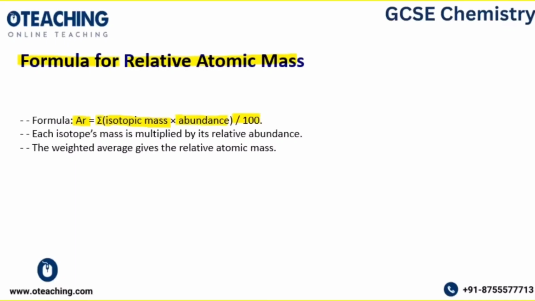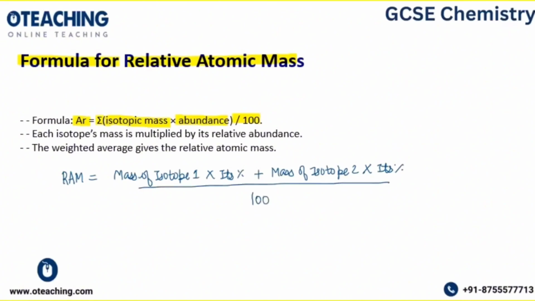If I simplify this formula, RAM equals the mass of isotope 1 times its percentage in nature, plus the mass of isotope 2 times its percentage, divided by 100. If there are three isotopes, the formula becomes plus the mass of isotope 3 times its percentage. So we can calculate according to the number of isotopes, right?